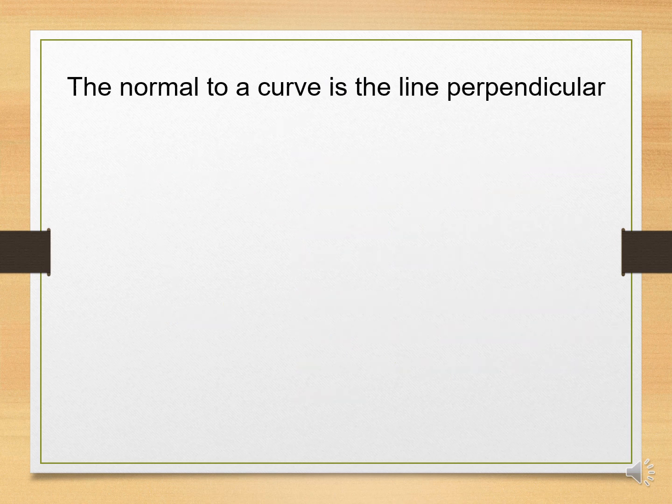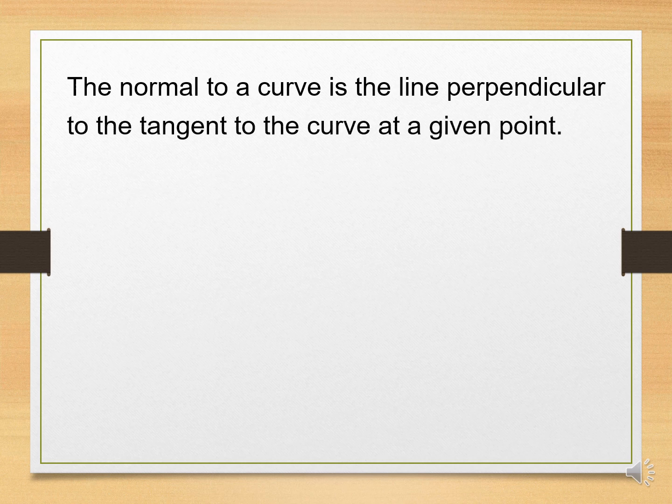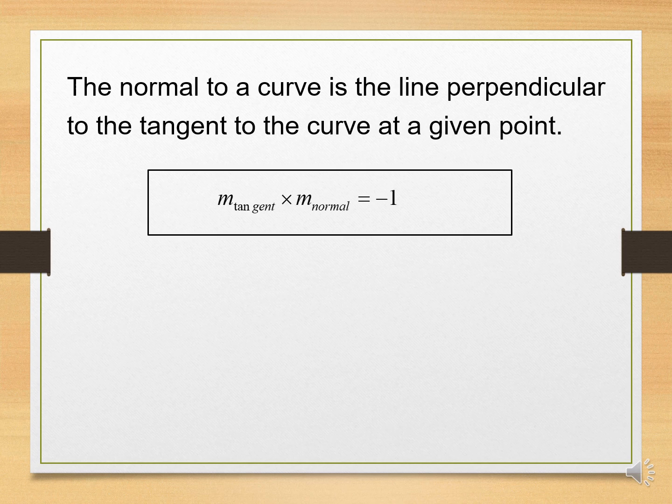Next, the normal to a curve is the line which is perpendicular to the tangent to the curve at a given point. So that's why we have this formula relating the gradient of the tangent and the gradient of the normal, where gradient of tangent multiplied with gradient of normal is equal to -1.